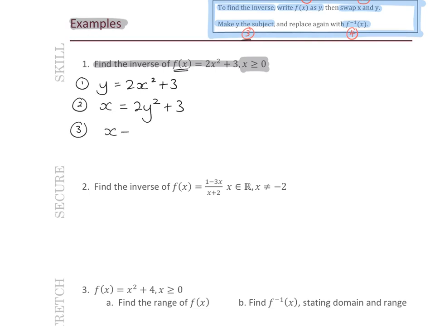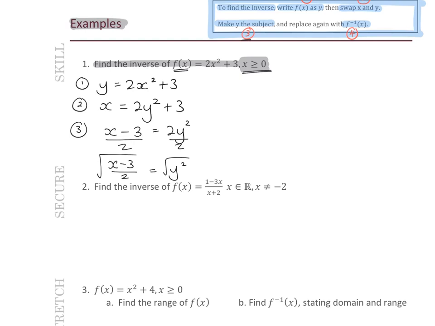So starting with x minus 3, then dividing everything by 2, and then square rooting everything. And because x is bigger than 0, that means we're just dealing with the positive section of this.